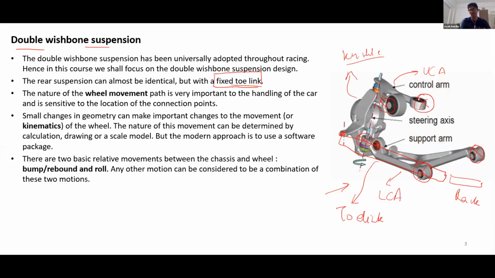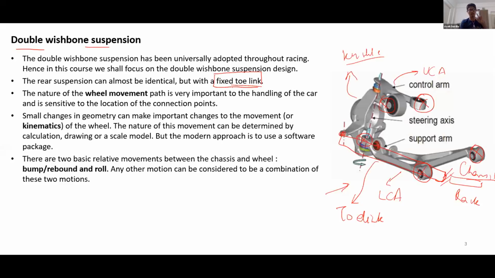So in the front suspension, your toe link would be connected to the rack, and as the rack is moved, the knuckle rotates, and hence you get steering ability at your front suspension. In the rear suspension, what you do is you just attach the toe link to the chassis. So this link would also be fixed to the chassis in the rear suspension. So the steering ability in your rear suspension is not there, right?